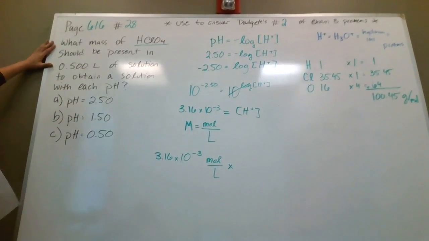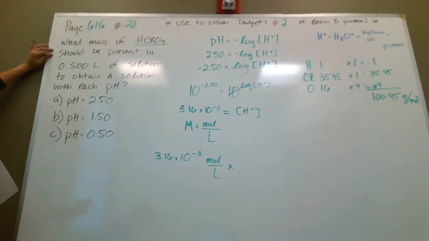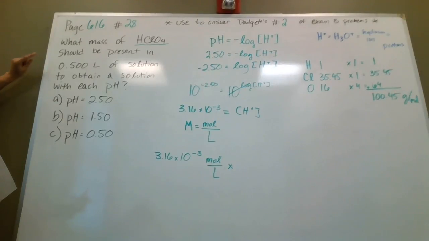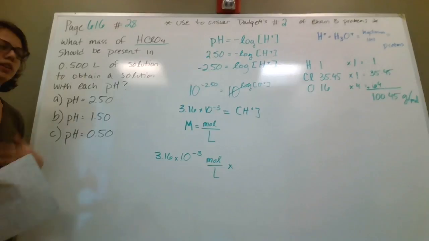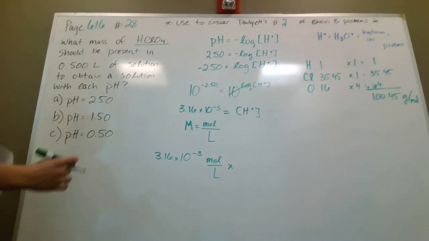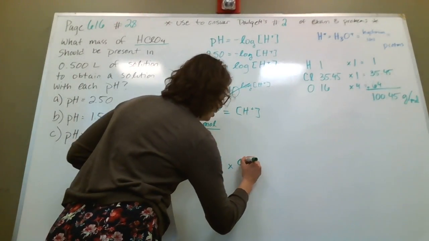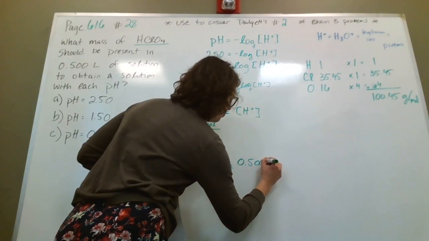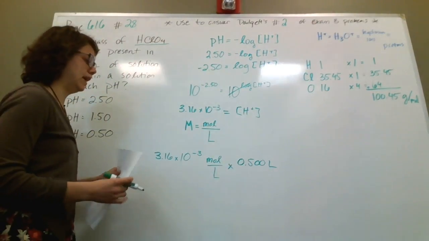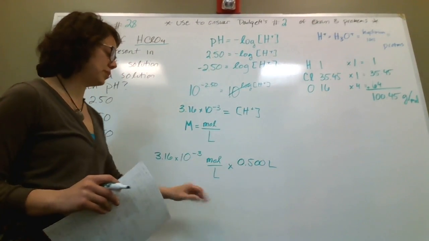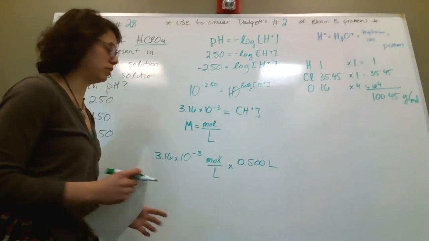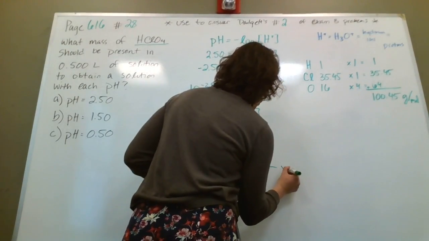So remember, it asks what's the mass that should be present in a 0.500 liter of solution. So it's already in liters. We don't have to do any converting like for milliliters or anything like that. So you can just go ahead and put that right here. Okay. And so when we do this multiplication, our liters are going to cancel and just give us moles. But let's keep going.